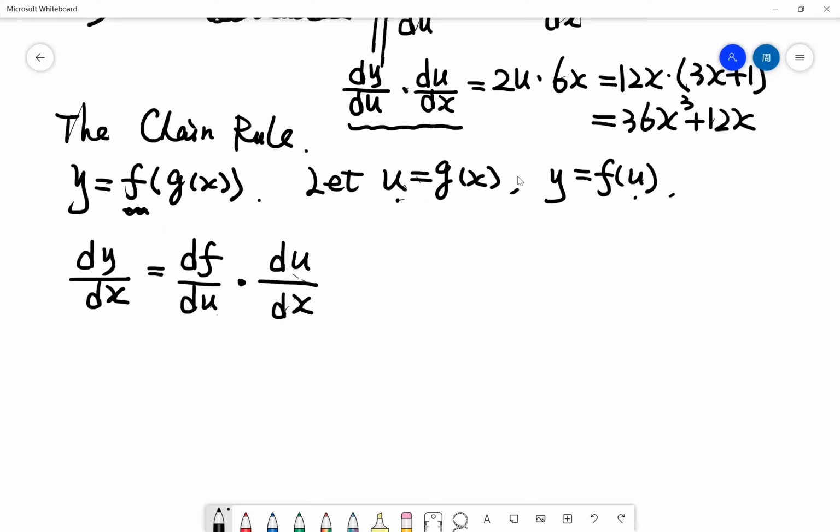Or we can call this chain rule the outside-inside rule. I think that is easier to understand.